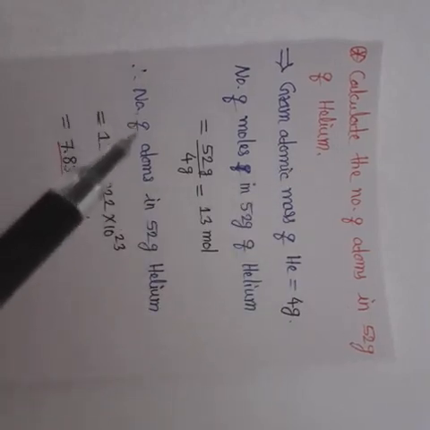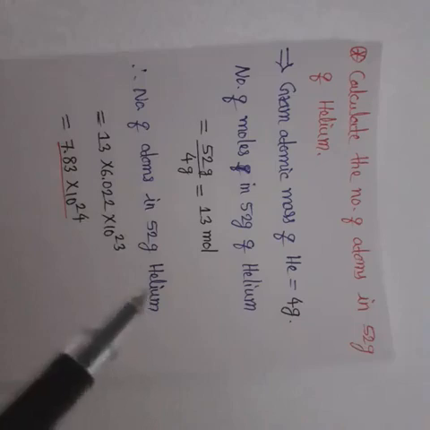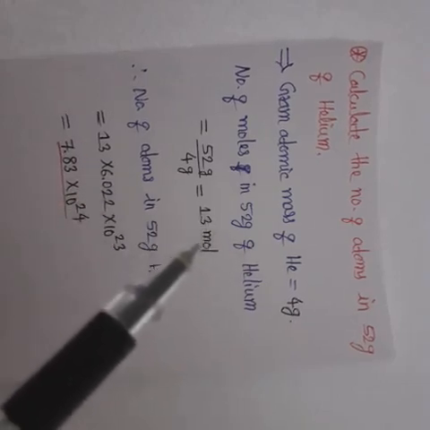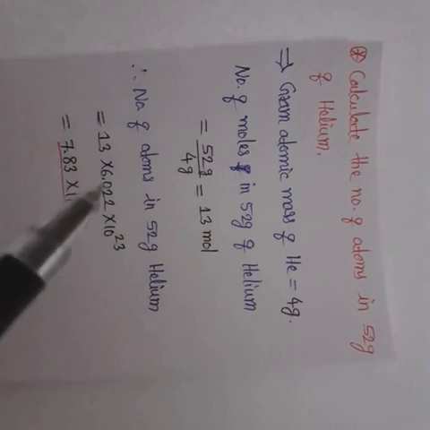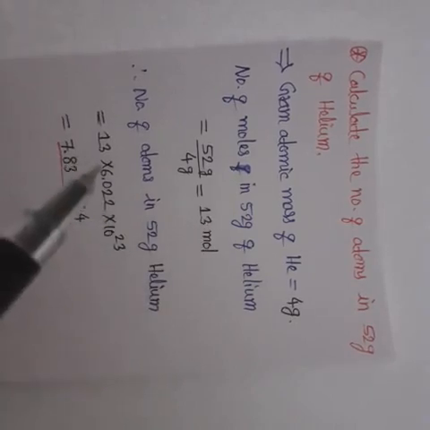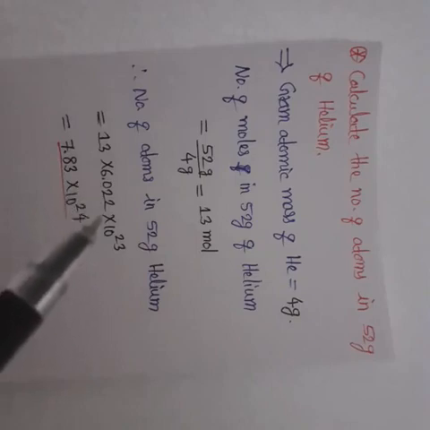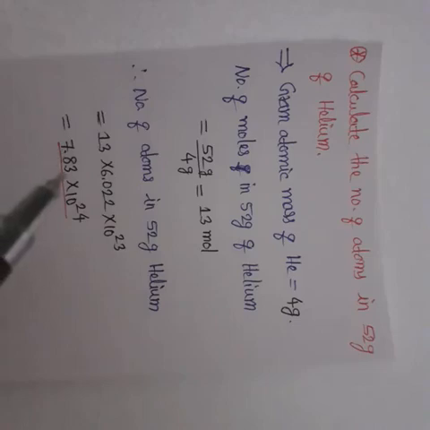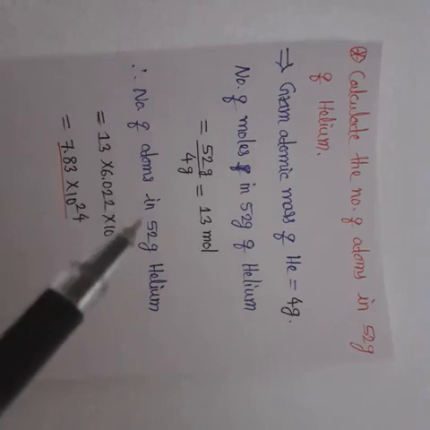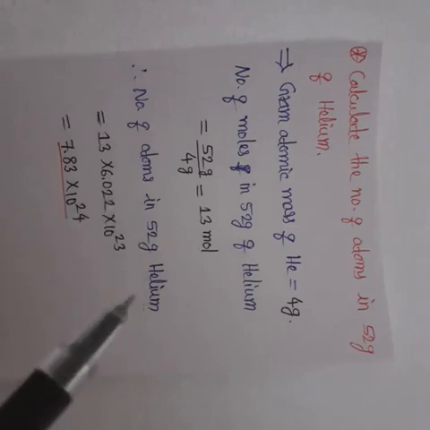Therefore, number of atoms in 52 gram helium is equal to this 13 mole multiplied with Avogadro number of particles. That means 13 into 6.022 into 10 to the power 23. This will become equal to 7.83 into 10 to the power 24. This is the number of atoms in 52 gram of helium.